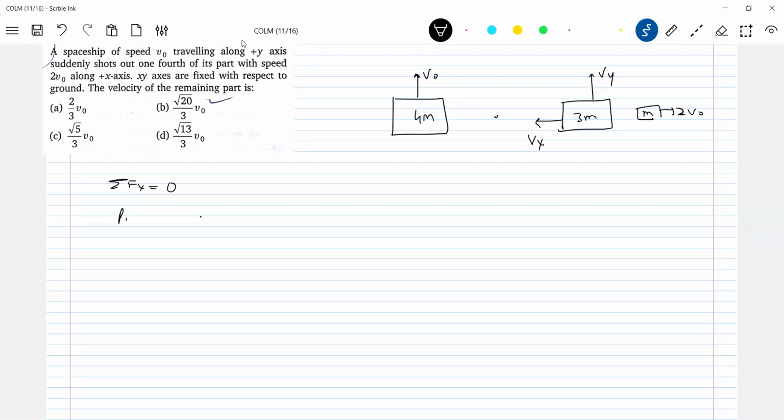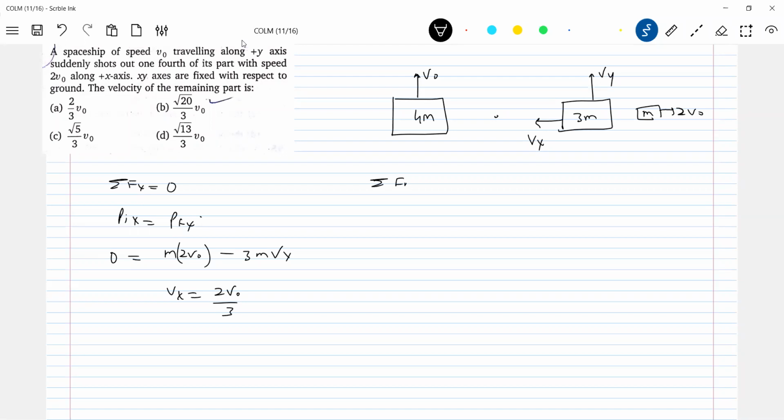Therefore, the initial momentum along the x-axis equals the final momentum. Finally, what happened? 4m times 2v0 minus 3m vx is 0. So vx is equal to how much? 2v0 by 3.